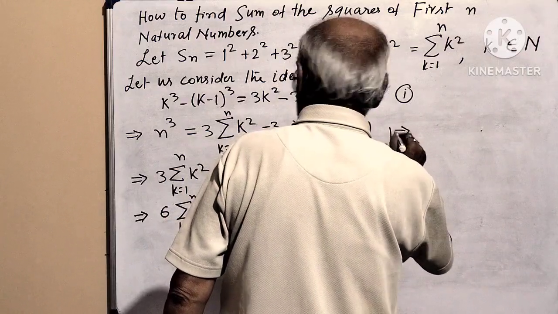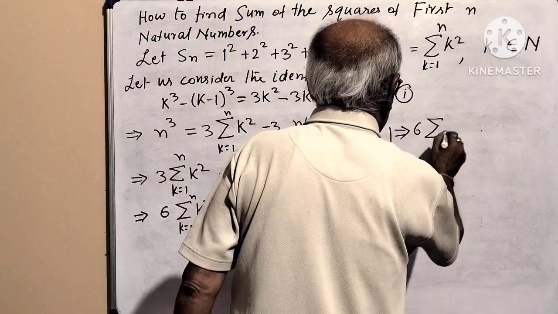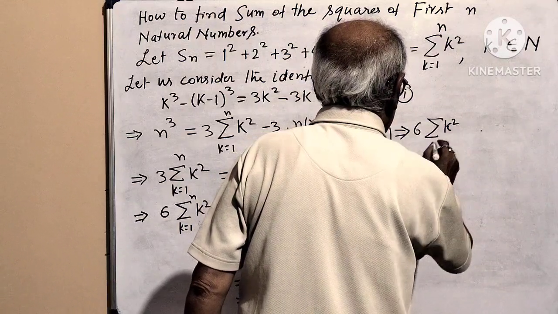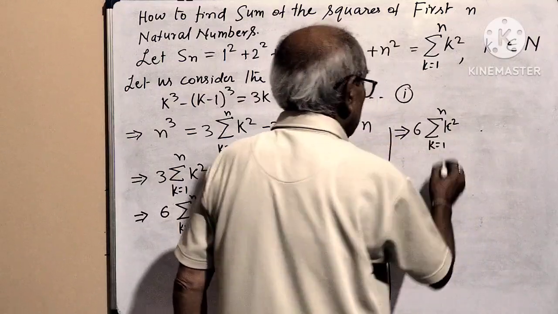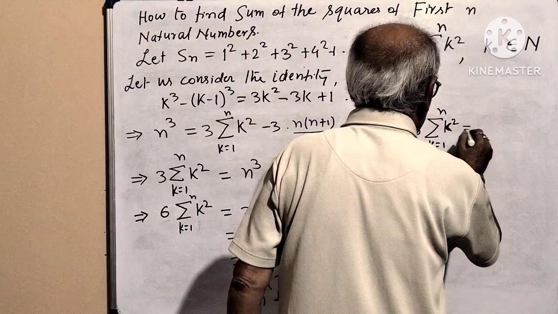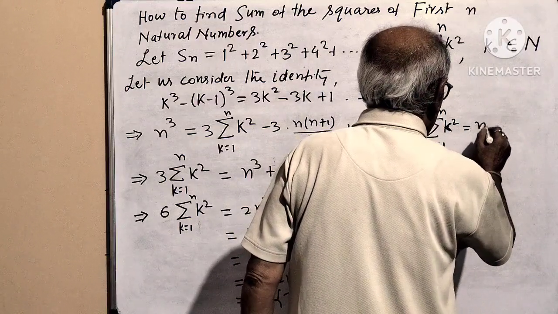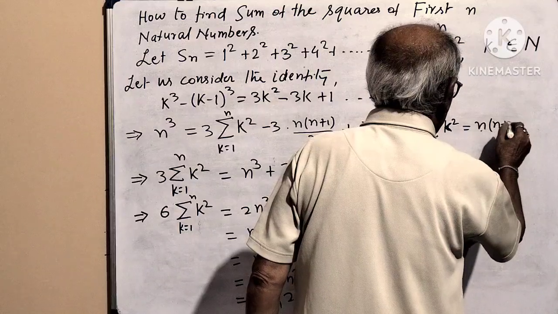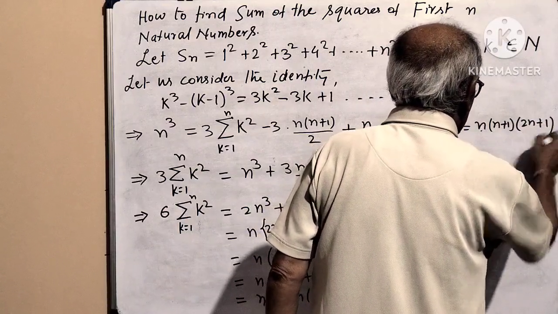This implies that 6 sigma k square, k equal to 1 to n, equals n (n plus 1)(twice n plus 1).